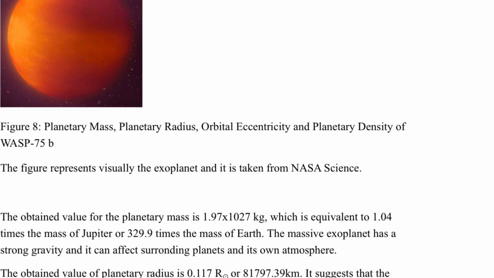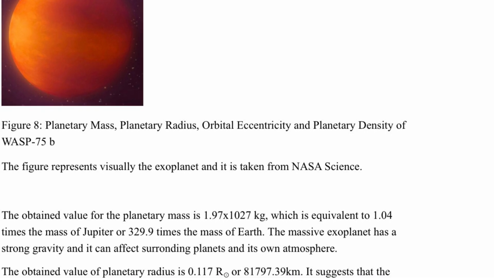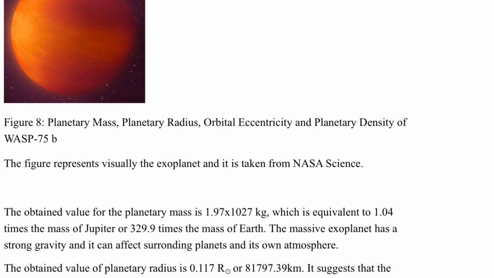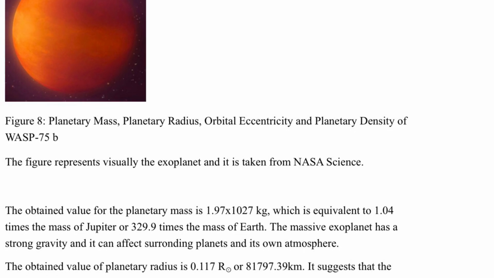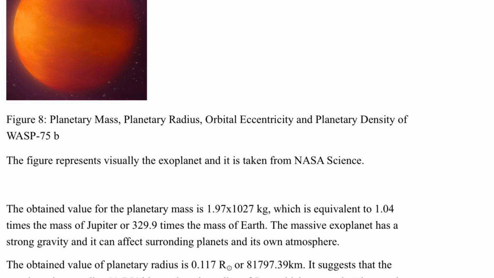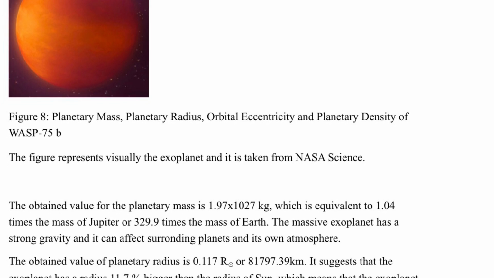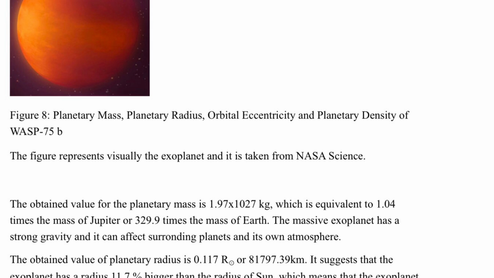It has a mass relatively bigger than Jupiter and much bigger than the Earth. A massive exoplanet has strong gravity, and it can affect its surrounding planets and its own atmosphere. This value also implies that the exoplanet is a gas giant.